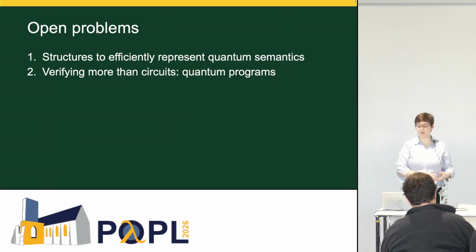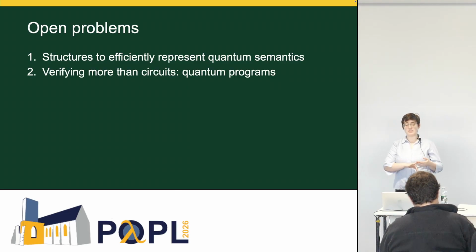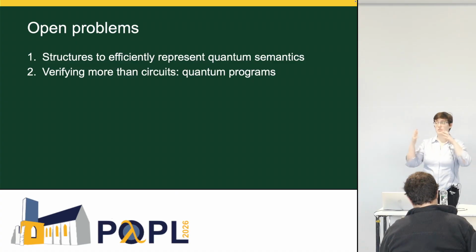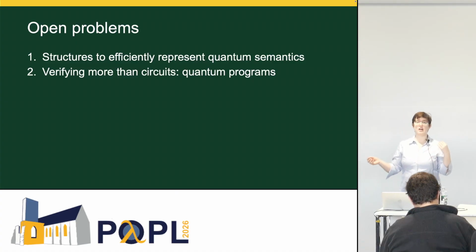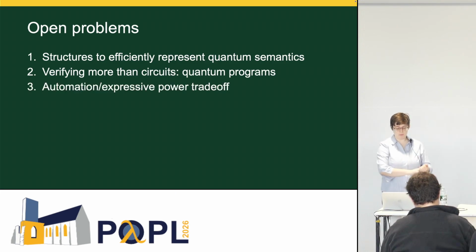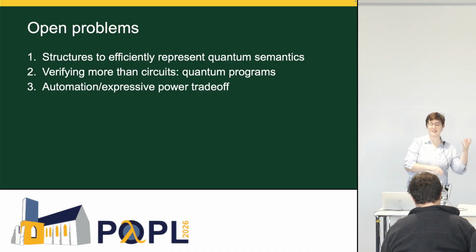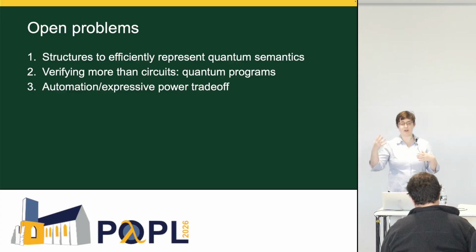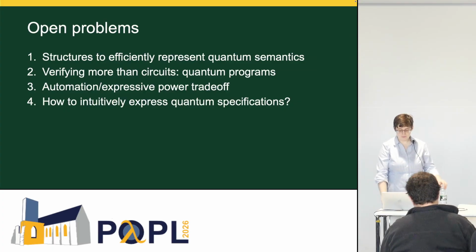Open problem number 2. We talked about how do we actually verify more than just circuits, but verify quantum programs that have all of the useful programming features that we can dream up. Problem number 3 is the usual story of the trade-off between more automation versus more control over the things that we're verifying.